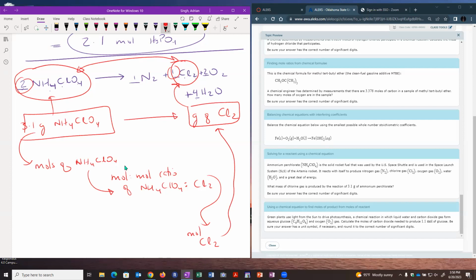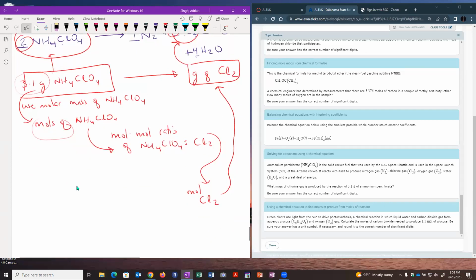How do we get from grams of something to moles of that thing? We're going to use the molar mass of NH4ClO4, right? So we've done a couple of these already. So we just add all of these together, the individual molar masses. That'll give you the molar mass of this entire thing. We just end up dividing.